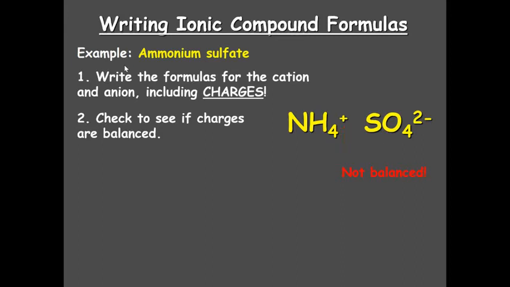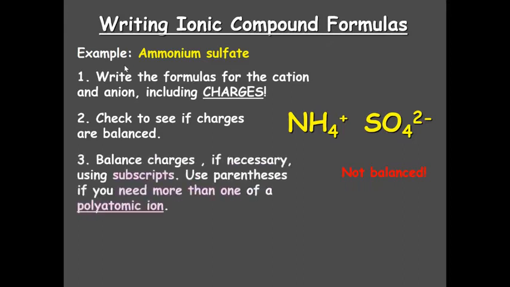So the same question as before, how many ammoniums do we need to balance out that -2 charge from sulfate? 2. Now that little note at the bottom comes into play. When we need multiples of a polyatomic ion, we have to use parentheses around it, so it becomes (NH4)2SO4.